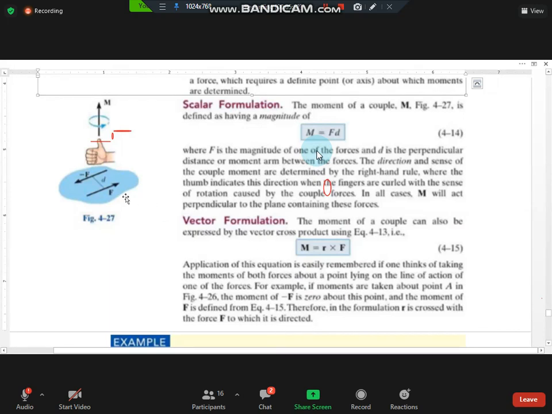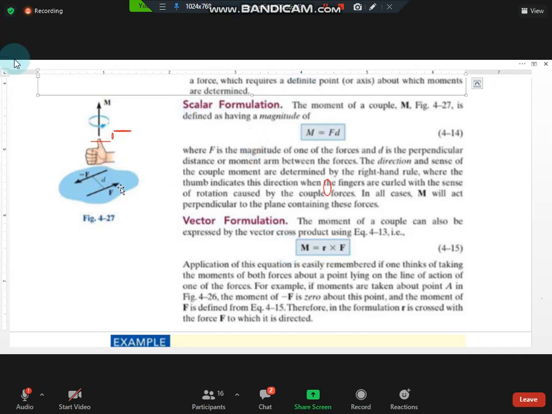Now you check this out, looking at diagram 4.27, the moment is produced in the direction of the thumb. Fingers represent the direction of rotation and the application of forces. The only difference now is that you have another force acting, and although they appear to be opposite, both forces are trying to turn the object about the point in the same direction, that is the same sense.